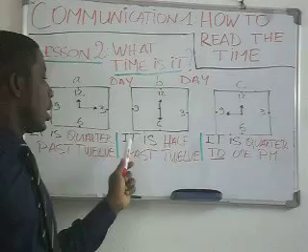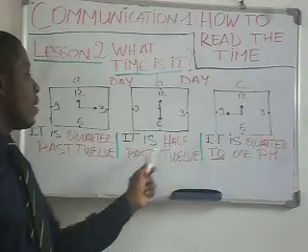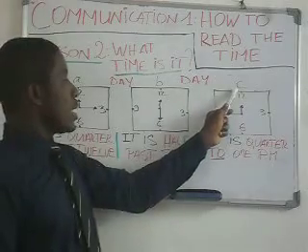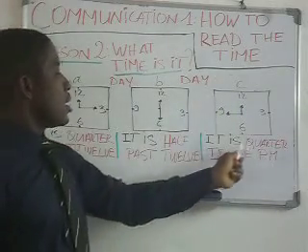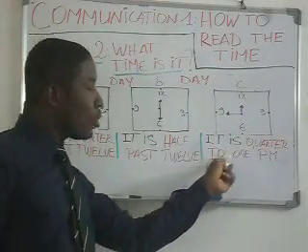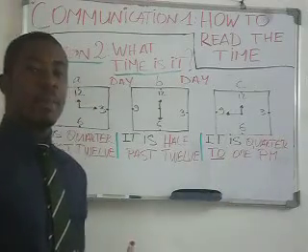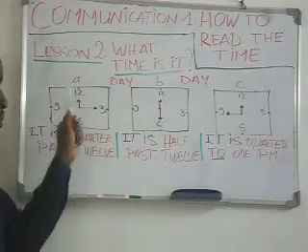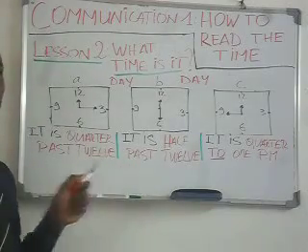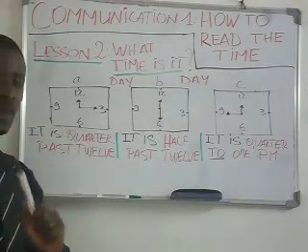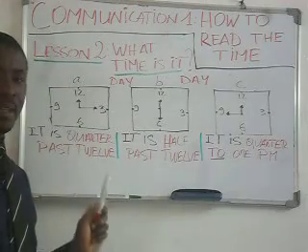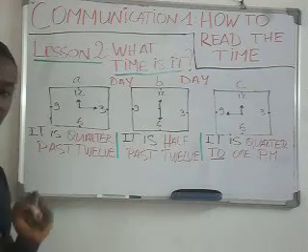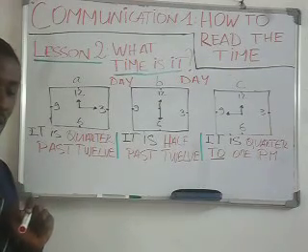Clock B, it is half past 12. Clock C, it is quarter to 1 p.m. Okay? This part is so important that I will give more explanations in French for you.